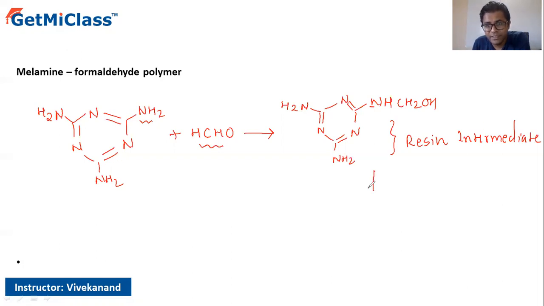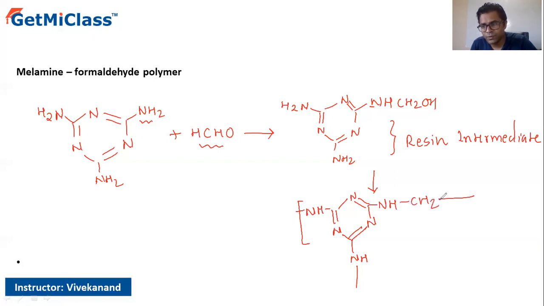Now this resin intermediate is what we have. This further reacts in order to give an entire big polymer, an NH, double bond N, NH, this particular system goes continuing over here. This is a double bond that we have here, N, NH, CH2, and this system continues.